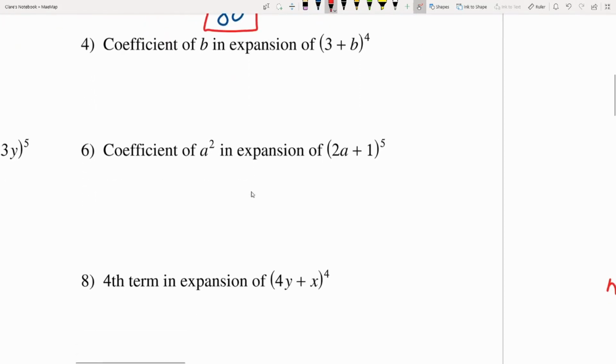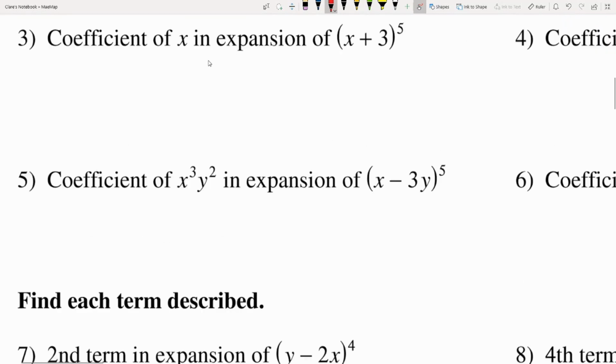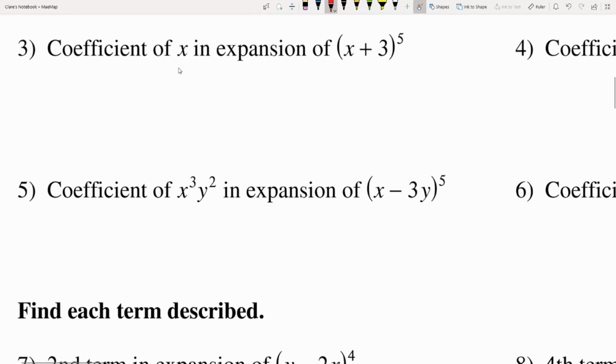Let's move on to number 3. In number 3, we're going to find the coefficient of x in the expansion of (x + 3) to the 5th. So looking at x, I'm looking for a degree of 1. That's when my a is raised to a degree of 1, because a is equal to x in the case of number 3.